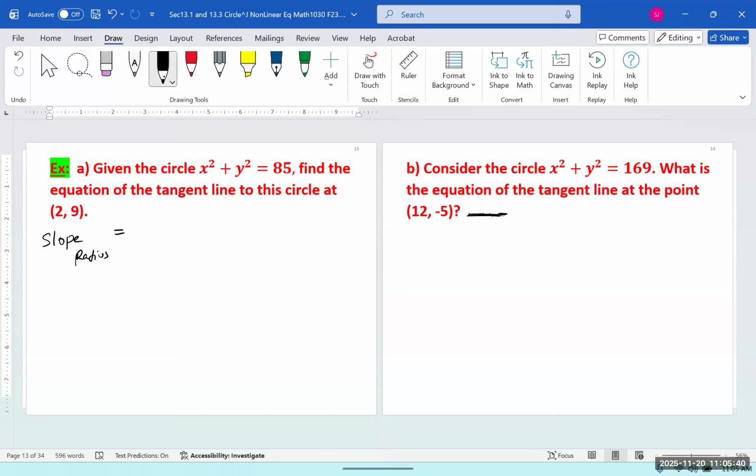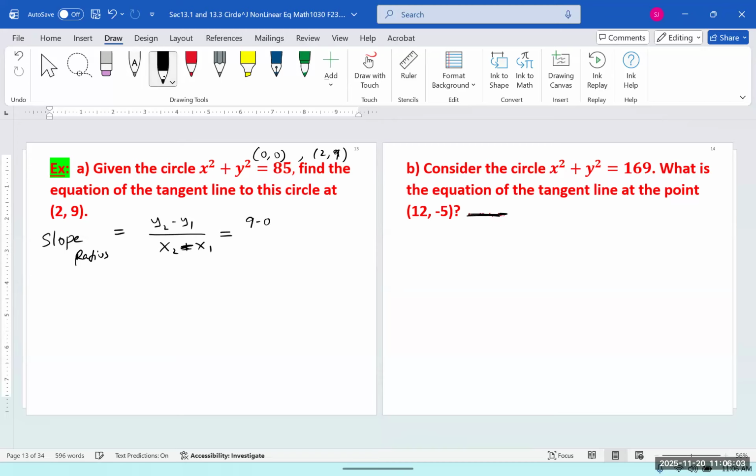What's the slope of the radius? y2 minus y1 over x2 minus x1. One of the points is 0, 0. The other point is 2, 9 for the radius.